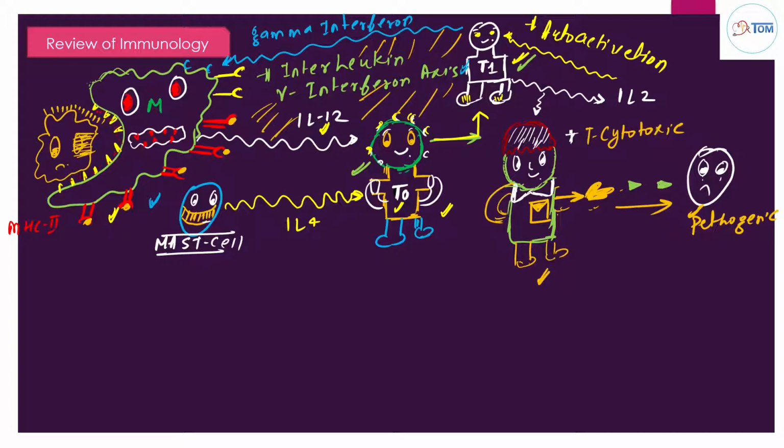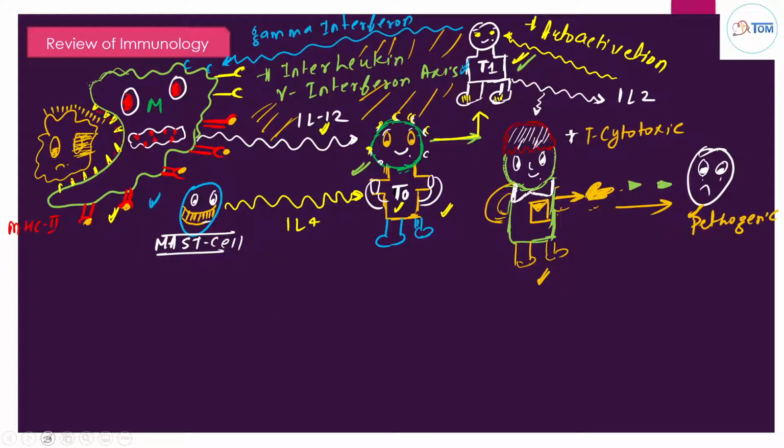So things are happening simultaneously: the T0 cell can be activated by IL-12, or the T0 cell can be activated by IL-4. Once it is activated by IL-12, the T0 cell transforms itself into the T helper 1 cell.